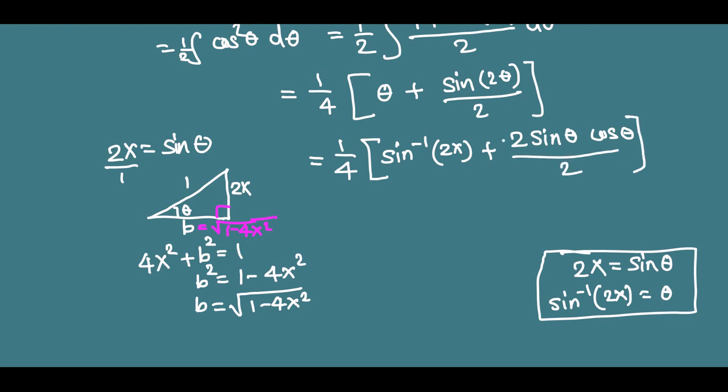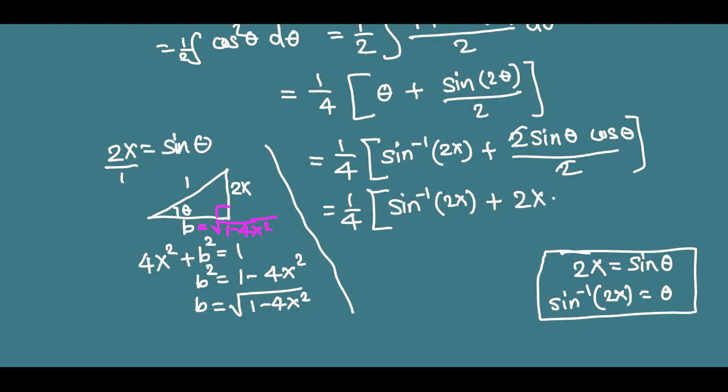So we have to go one more step. At the same time, we can cancel the 2 and 2. 1/4 times the quantity sine inverse 2x plus sine theta, and we know sine theta is just 2x, times cosine theta. Look at this right triangle: cosine is base over hypotenuse.